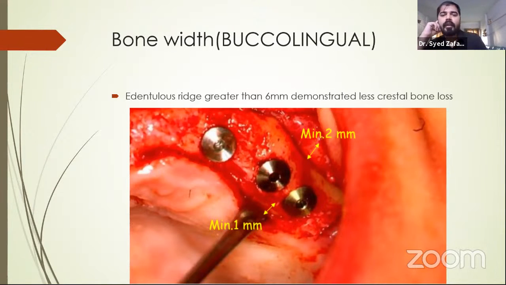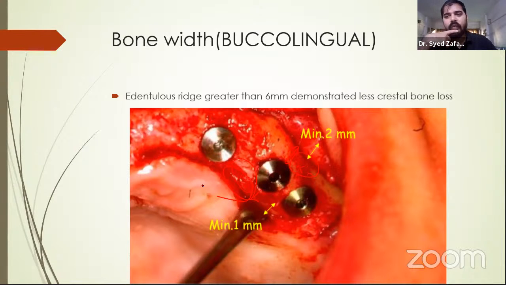One more important thing. After placement of the implant, there must be more than 1.5 mm on the buccal side and 1.5 mm on the lingual side. We have already assessed the vertical dimension in examination in OPG.